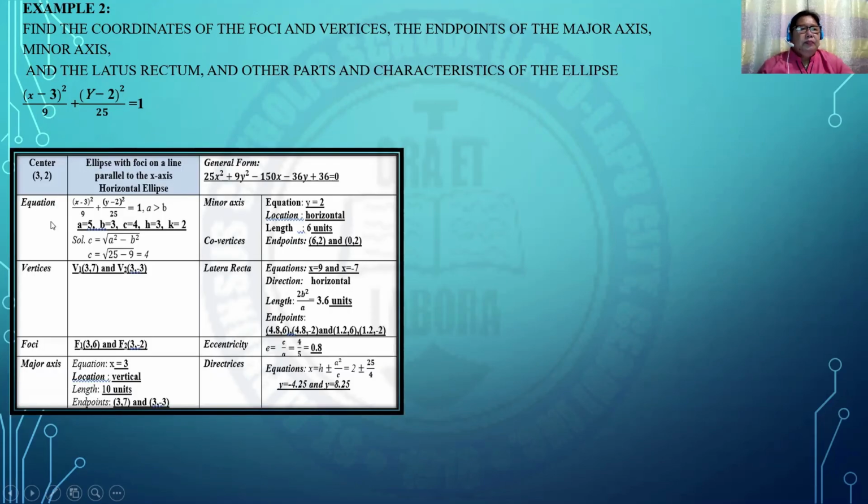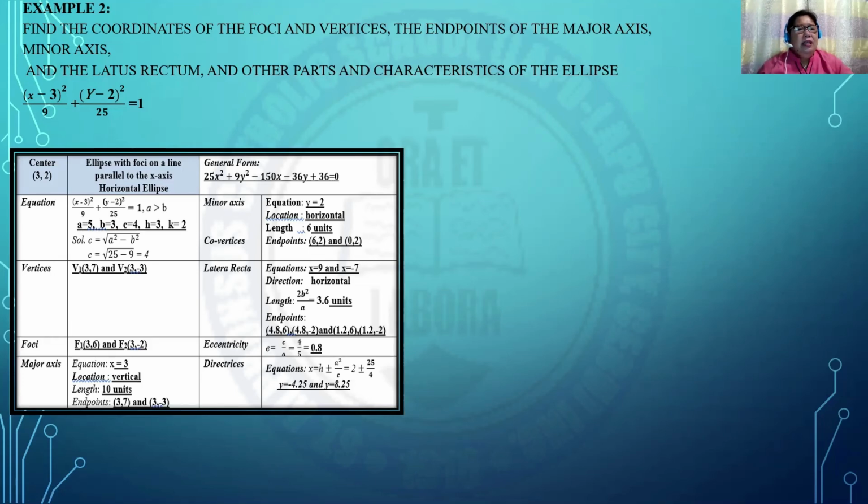So, the equation is the square of x minus 3 over 9, the square of y minus 2 over 25, where a is greater than b. So, this is the a squared part. So, a is equal to 5, b is equal to 3, c is equal to 4. Because the square root of 25 minus 9 is the square root of 16, which is equal to 4.